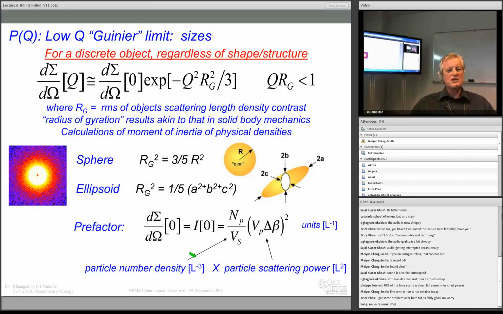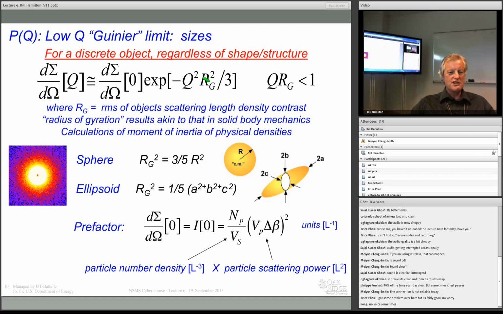And the very simple situation number 1 that is often seen is this low Q Guinier limit. For a discrete object, regardless of what shape it is, the macroscopic scattering cross-section near the center of one of these scattering patterns is the prefactor, basically the number of particles and their scattering strength, times an exponential in Q squared Rg squared.